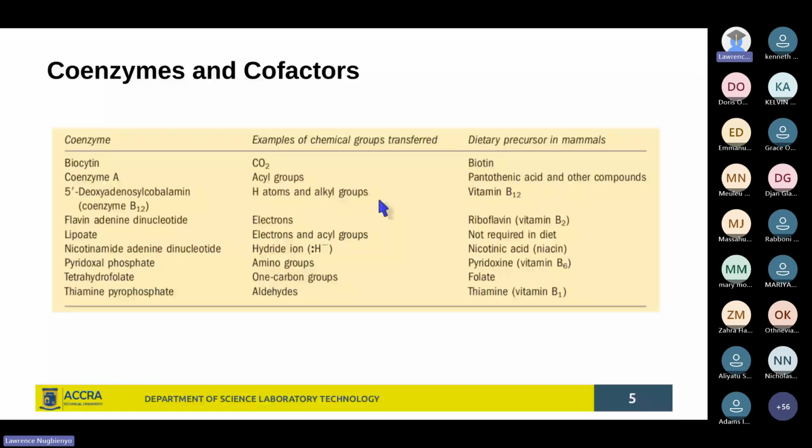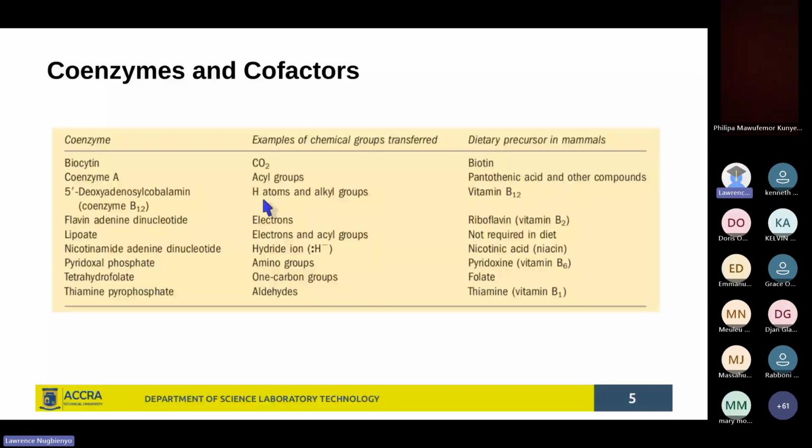So somehow you can see, once you see there's transfer of some hydrogen atoms or protons, obviously that is some form of reduction reaction. So that means this coenzyme is involved with some oxidoreductases.